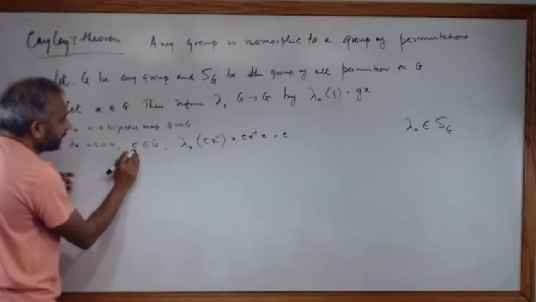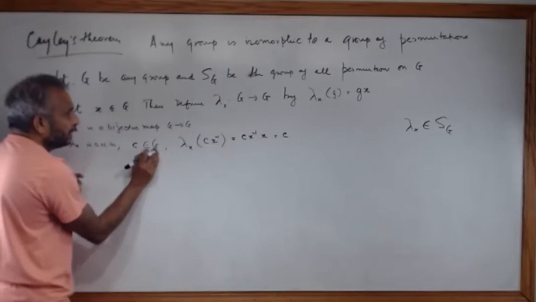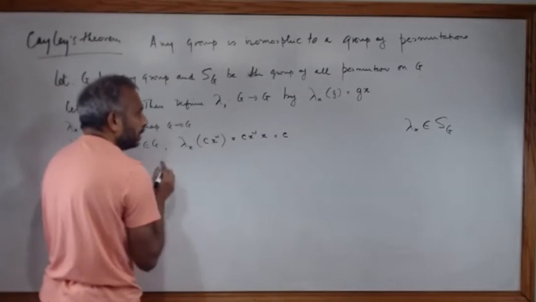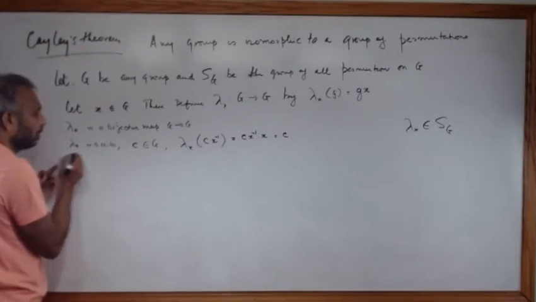So for every c in G, there is an element in G that lambda_x maps to it. So lambda_x is onto.